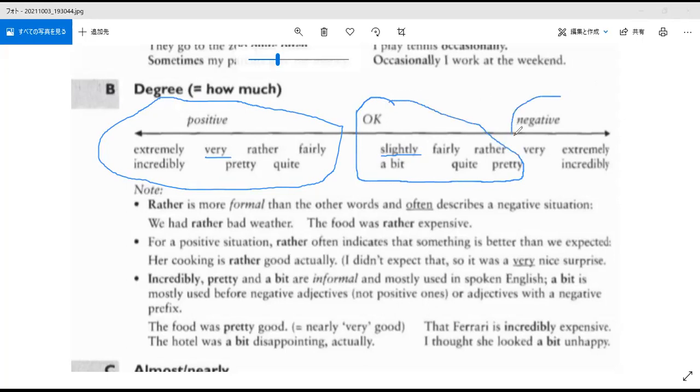Then this is the negative one. Very can also be negative. I mean, it can be positive and negative because it can express two extreme feelings.